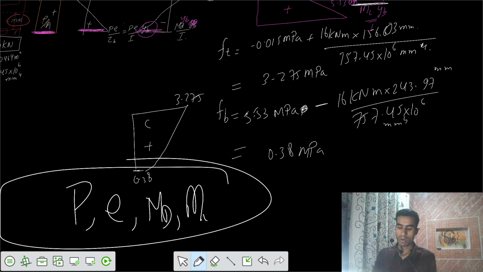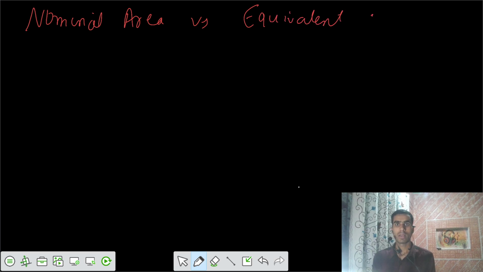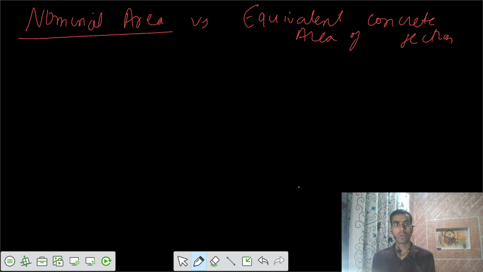So one final problem is that we have this concept that we call nominal area versus equivalent area of concrete section.